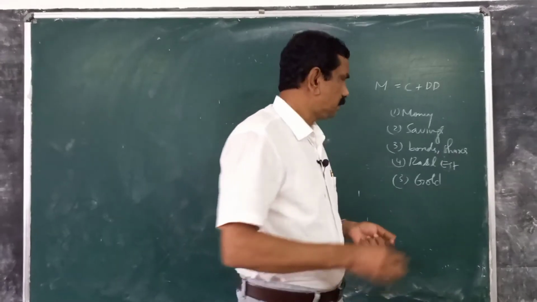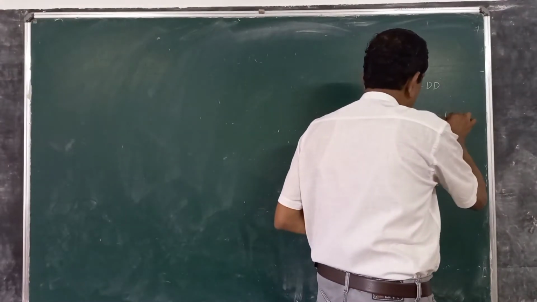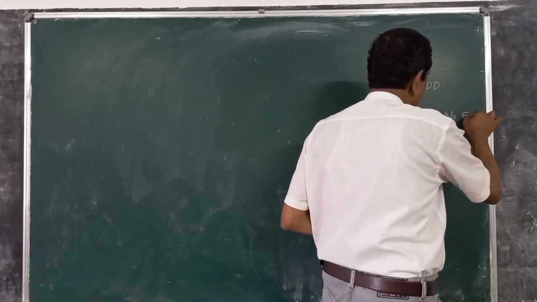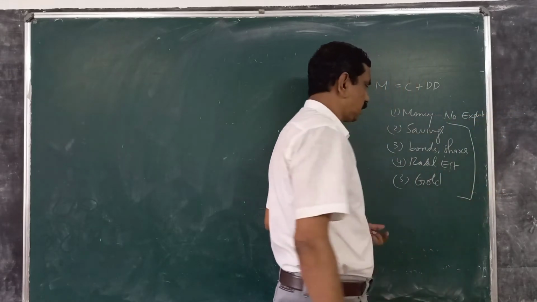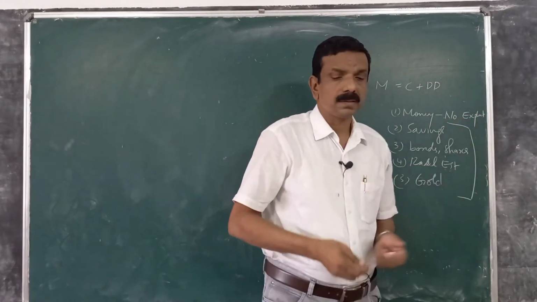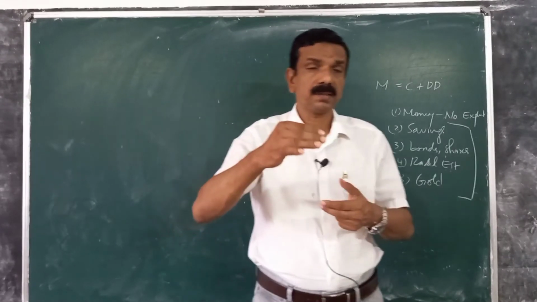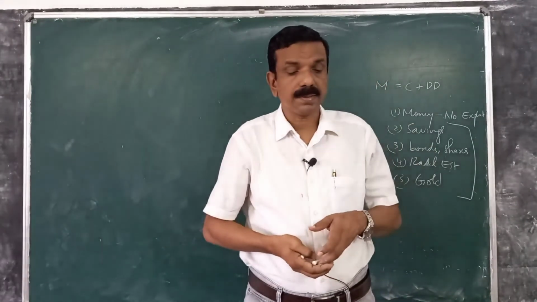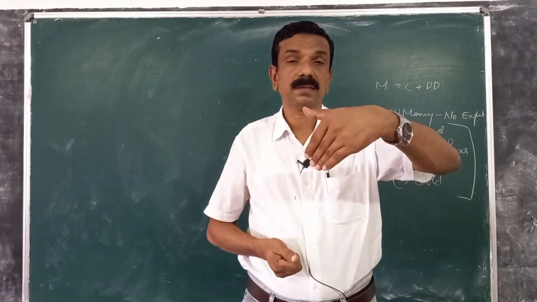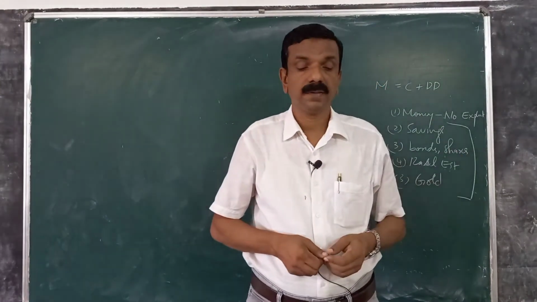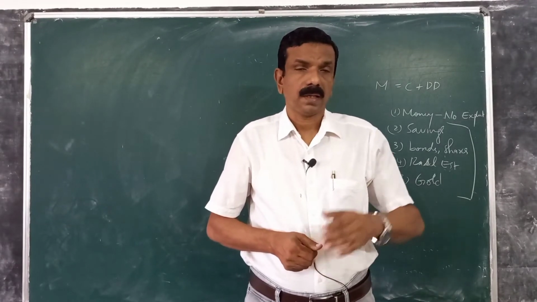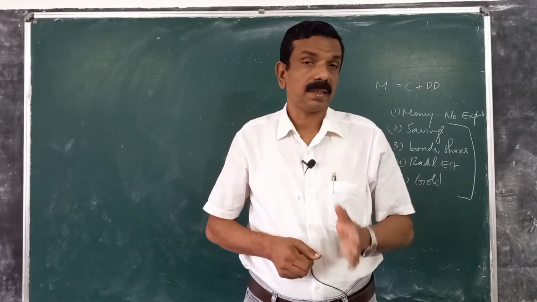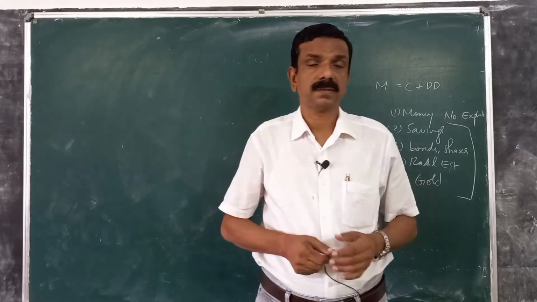As you know, money has no explicit return. Unlike other assets, money has no explicit return except the implicit return of convenience.